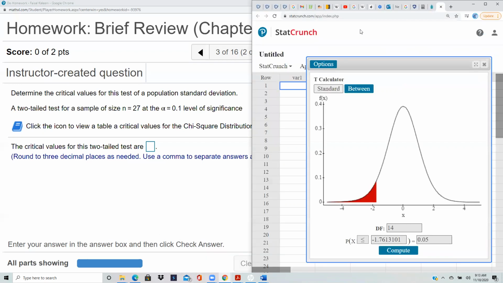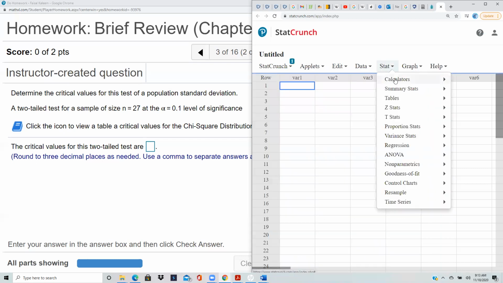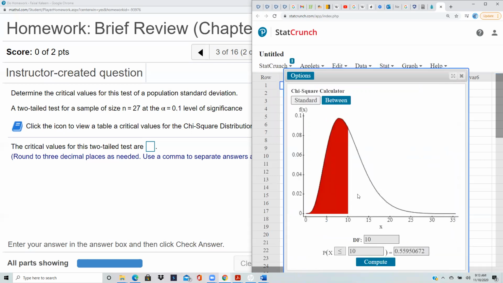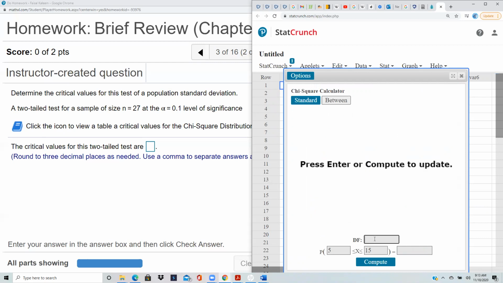And we'll do between since it said it was two-tailed. Right. So stat, calculator, chi-square, and we do between, and we'll do 1 minus the alpha. Right. So that would be 0.9. 1 minus 0.1.